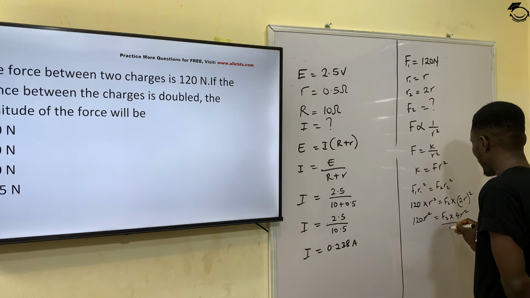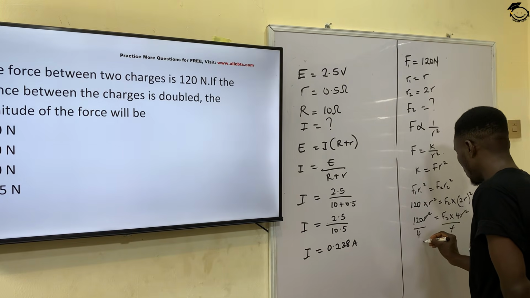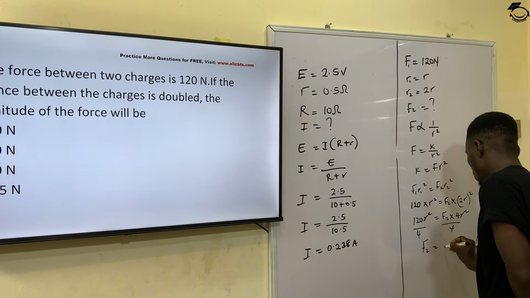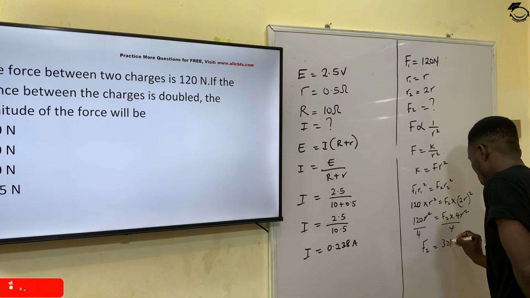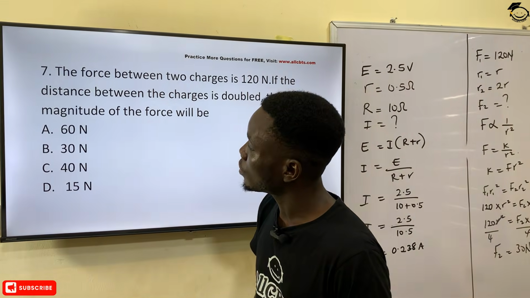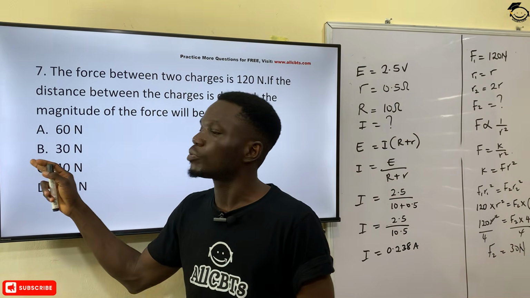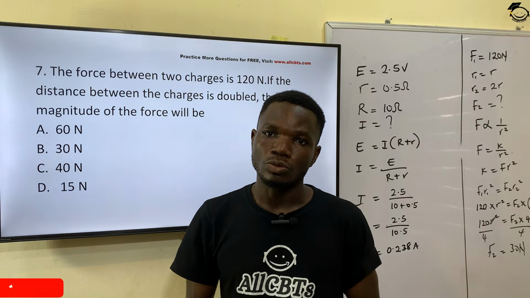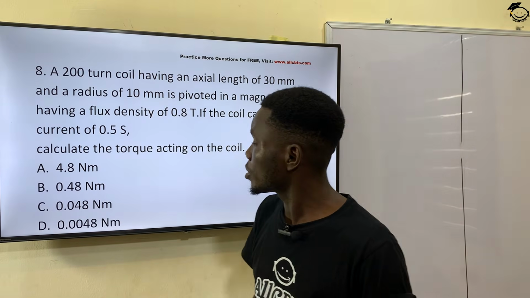I divide both sides by 4. This means that my F2 will be equal to 30 Newton. So looking at this, the correct answer to this question is option B, which is 30 Newton.